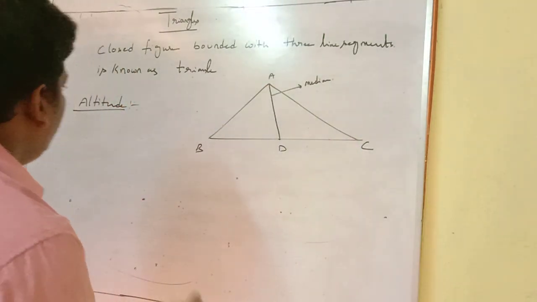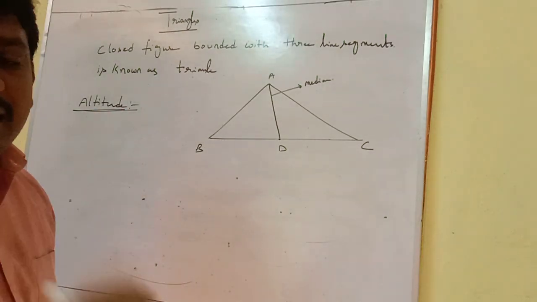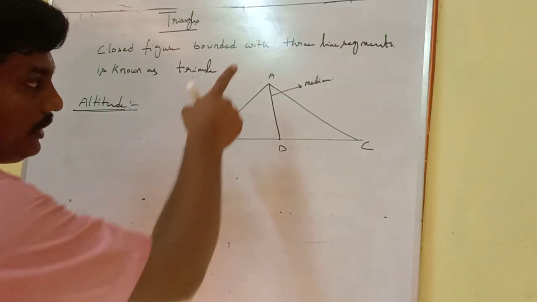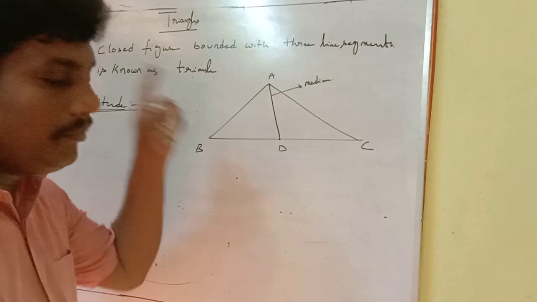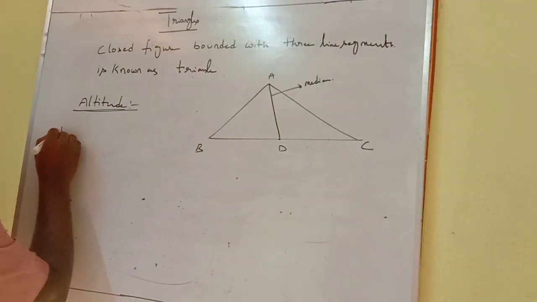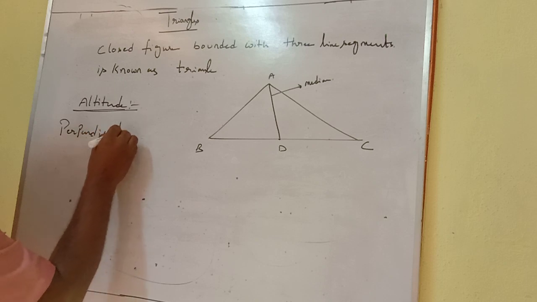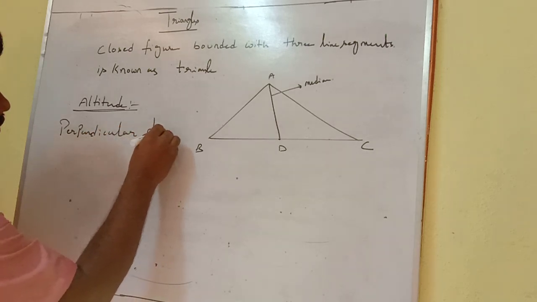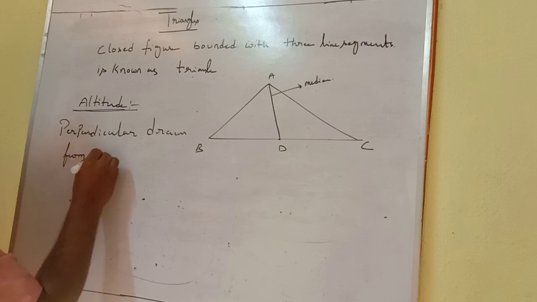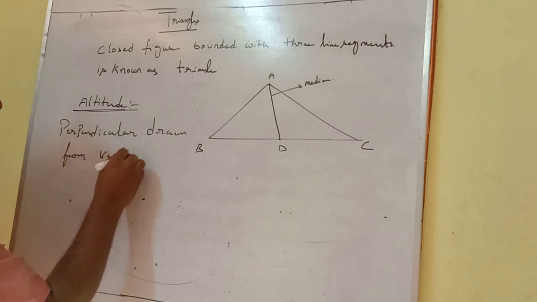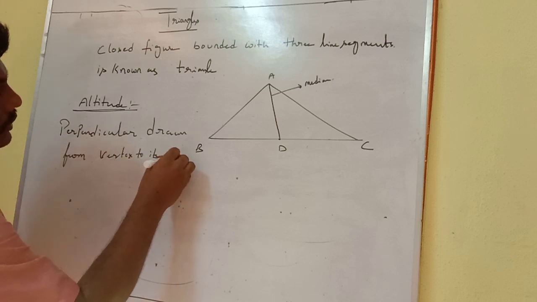Now, an altitude is a line segment, a perpendicular drawn from a vertex to its opposite base.